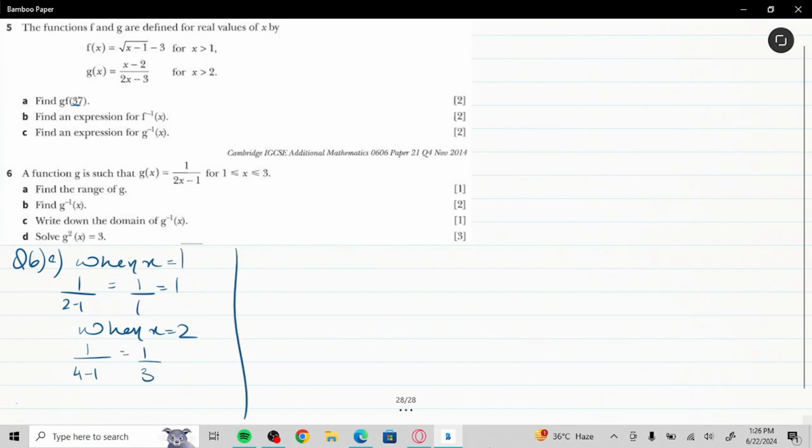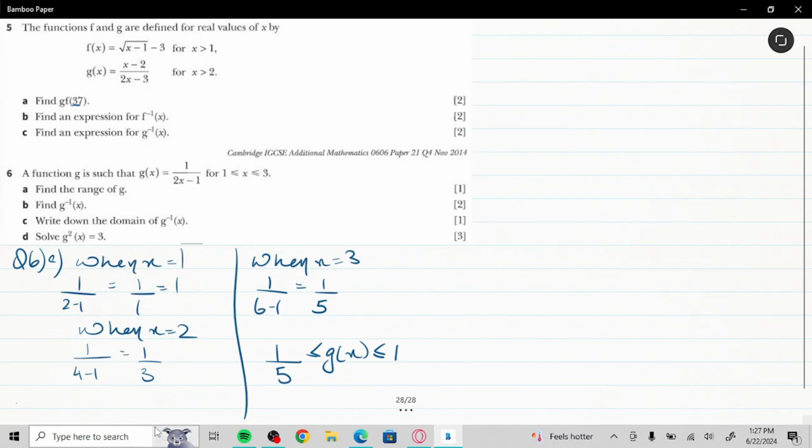Similarly, when x is equal to 3, we have 1 upon (6 minus 1), which is 1 upon 5. That's it. Now see which is the minimum value. 1 upon 5 is the minimum value, and it's g(x). So g(x) is greater than or equal to 1 upon 5, but less than or equal to 1. So that's it for part A.